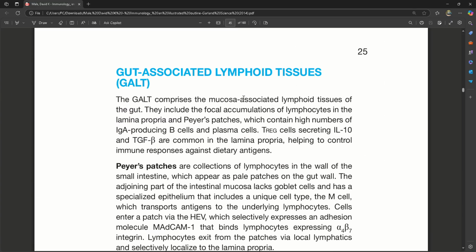Another tissue which is termed as GALT or gut associated lymphoid tissue.